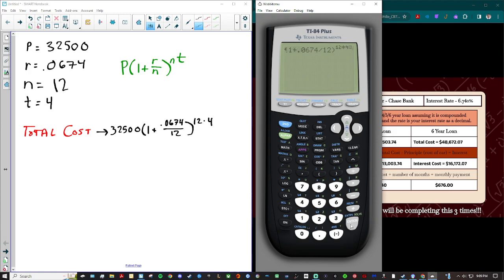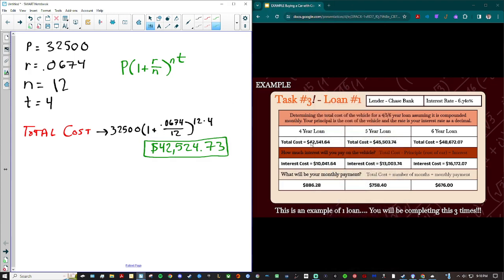I'm going to click enter. Here's my total cost. My total cost is going to be $42,524, and I need to round my cents, 73 cents. So this is my total cost. That's going to be my first box right here, my total costs.